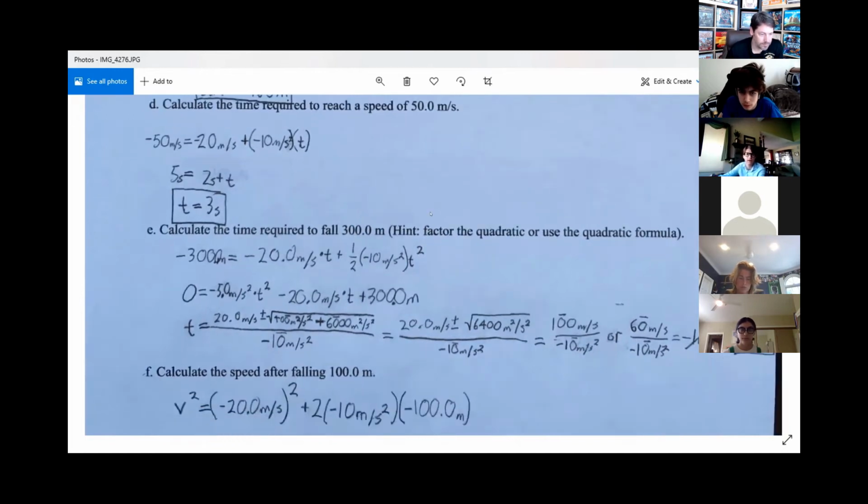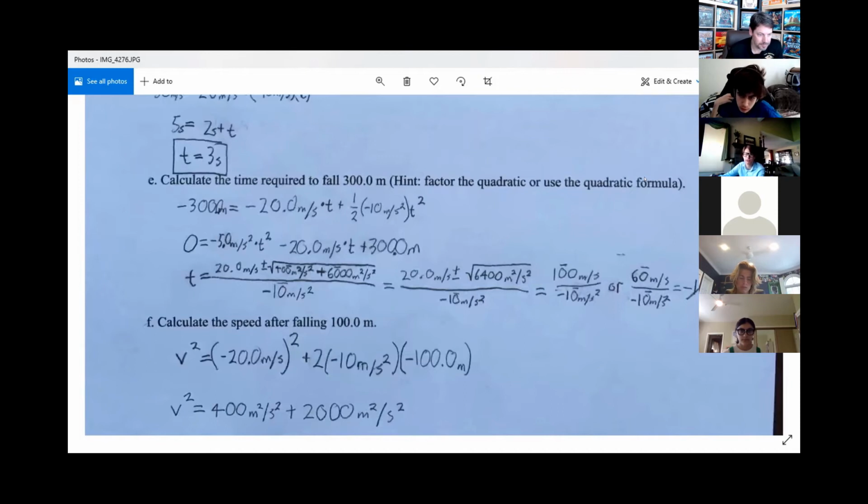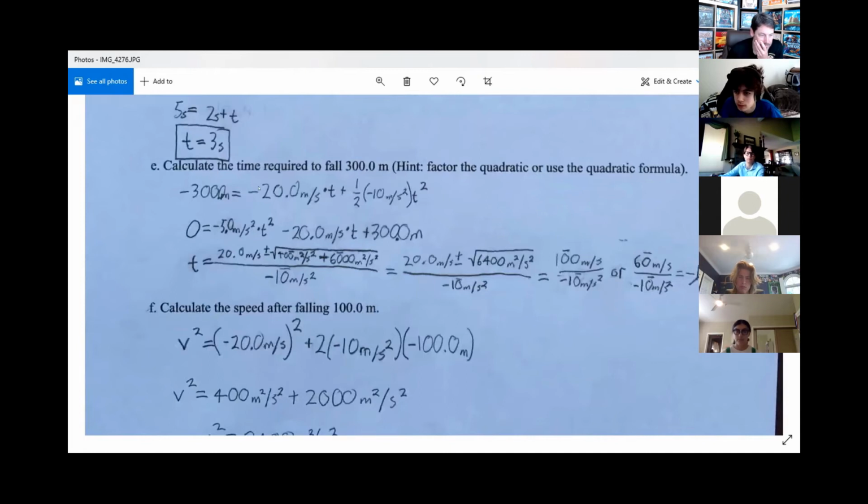All right, and E and F were a little bit more challenging, but E, we used the second kinematics equation again, and we plugged in all our values, this time with -300 meters. I have a point there, it's just hard to see. So -300 meters, and then all of the other values, and then you arrange it so that you have one of your variables over seconds squared times t squared, and then seconds and just t, and then no seconds or t.